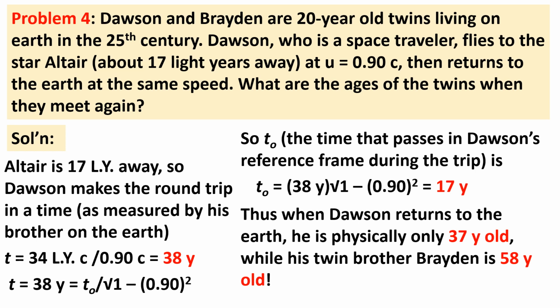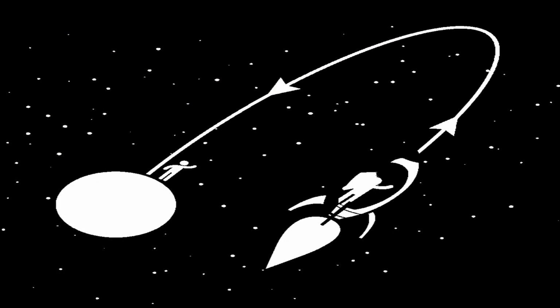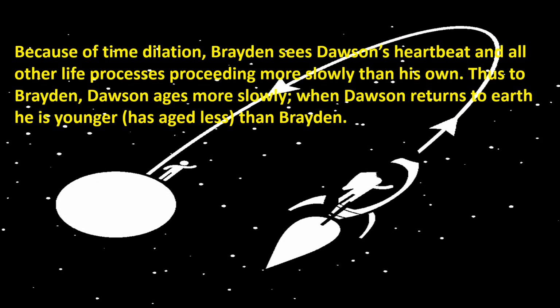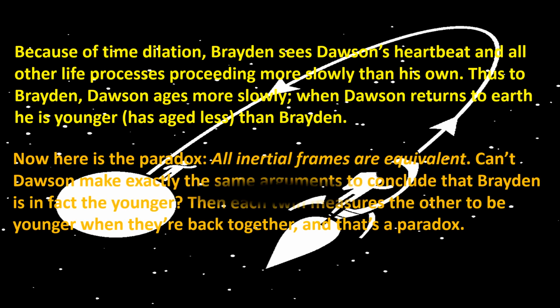So this is known as the twin paradox. Because of time dilation, Brayden sees Dawson's heartbeat and all other life processes proceeding more slowly than his own.